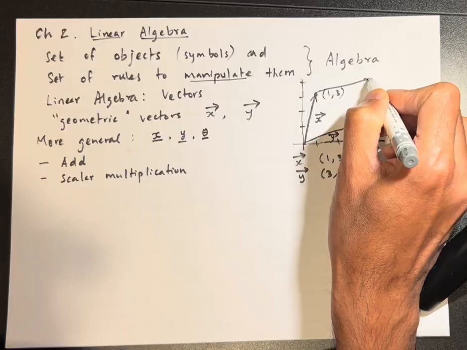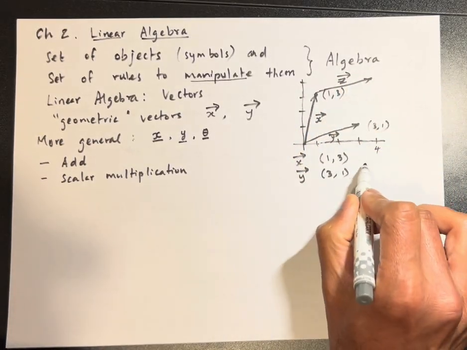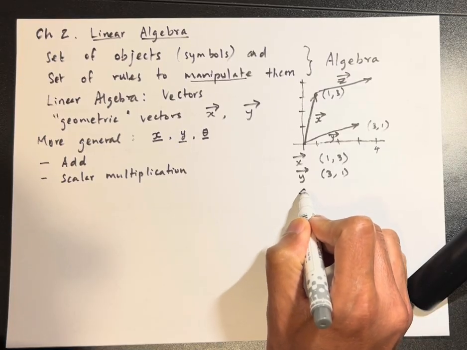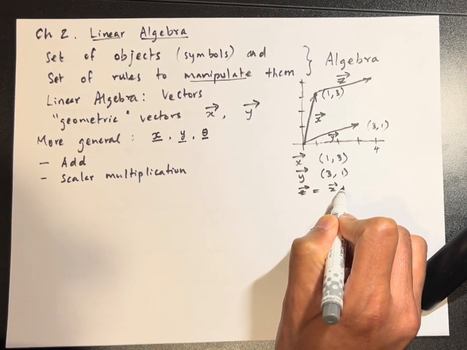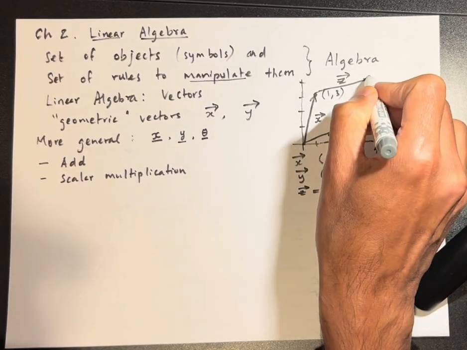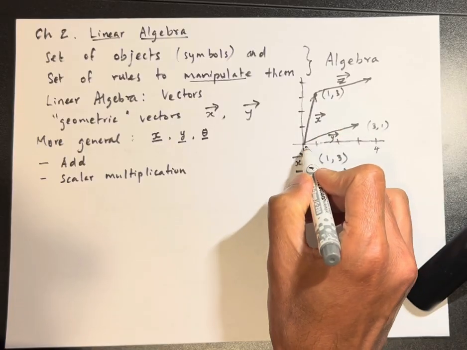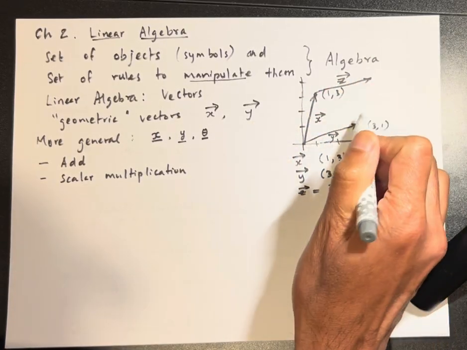That is going to be the sum z, the vector z equal to x plus y, and that's (4, 4), which is what we've drawn here. The same thing can also be obtained by moving along y and then from there applying x.